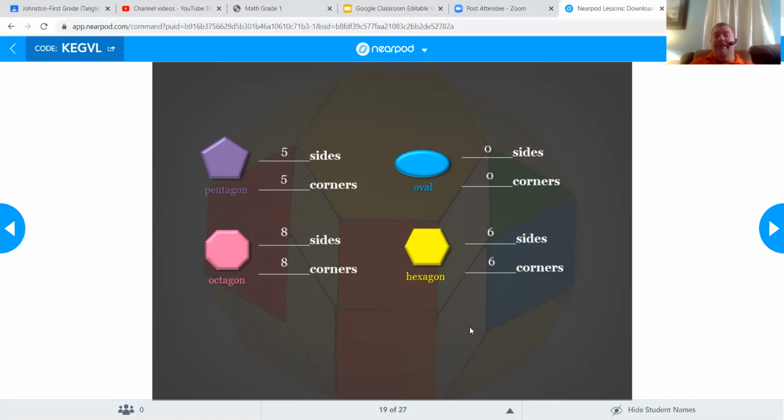Our last shape is the hexagon. It has 1, 2, 3, 4, 5, 6 sides and 1, 2, 3, 4, 5, 6 corners.